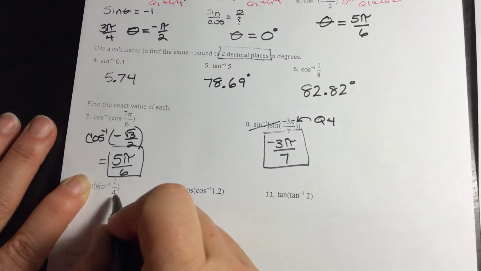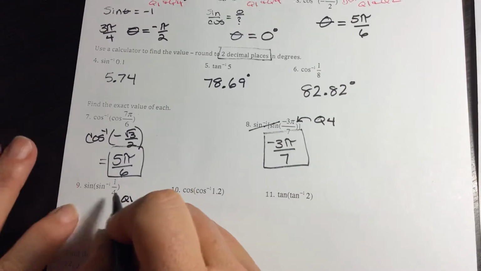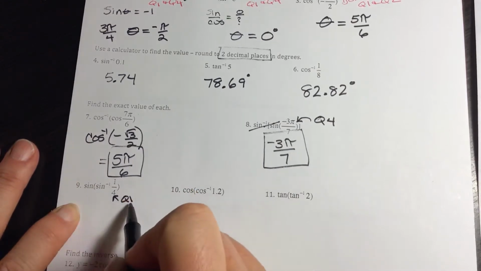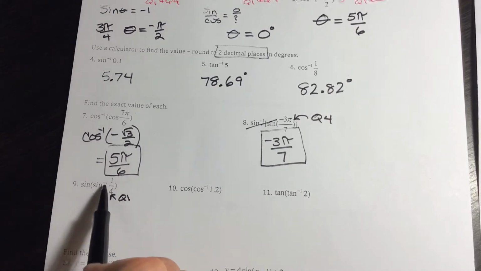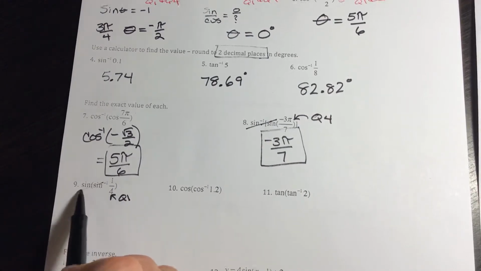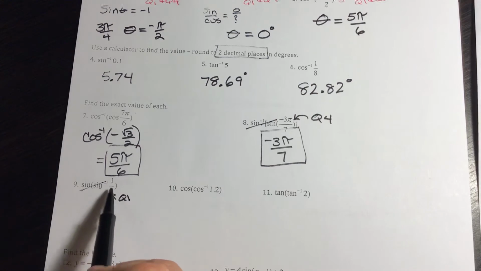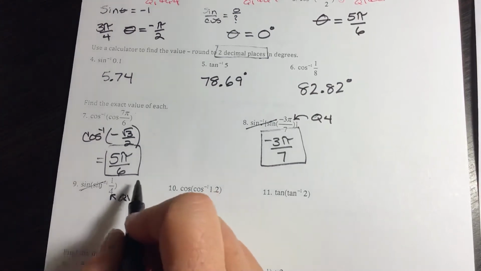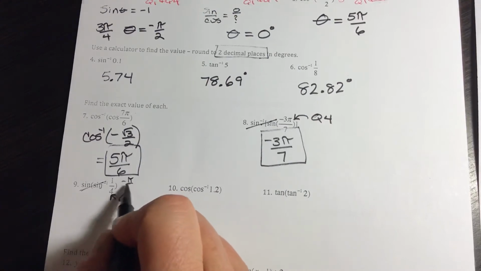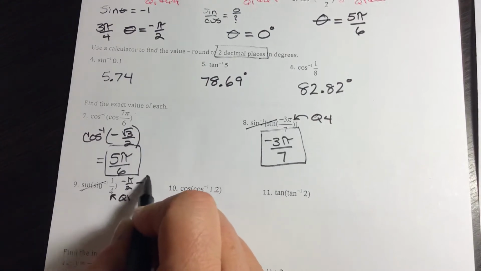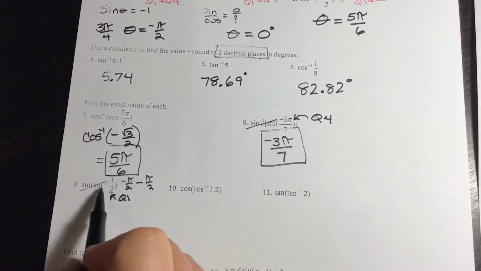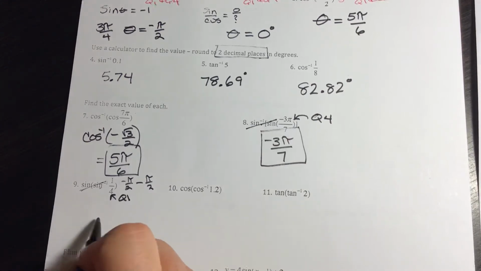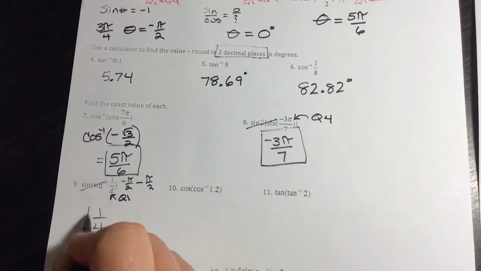The sine of an angle in quadrant 1 is going to be the same as the inverse sine. So these are going to cancel out, only because 1/4 is in my domain, negative pi over 2 to pi over 2. And 1/4 is between that, so these cancel, and I get 1/4.